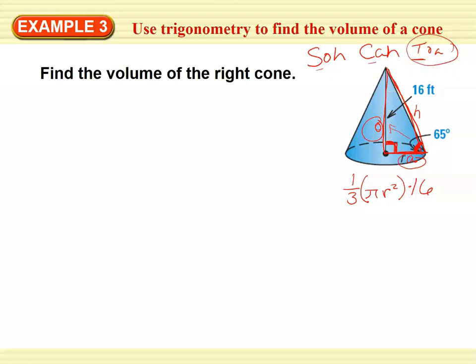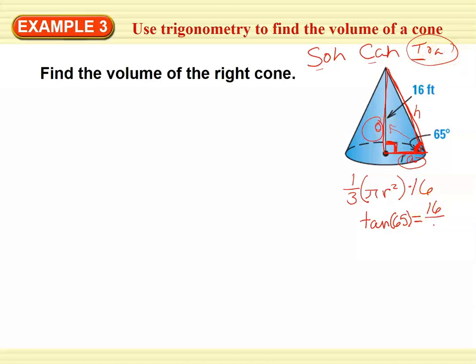So tangent. To find the radius, we're going to have to set it up as tangent. It's always tangent of the angle, in this case 65 degrees. Then we set it equal to, pay attention to the order, it's TOA, O and then A. So your opposite side is 16.